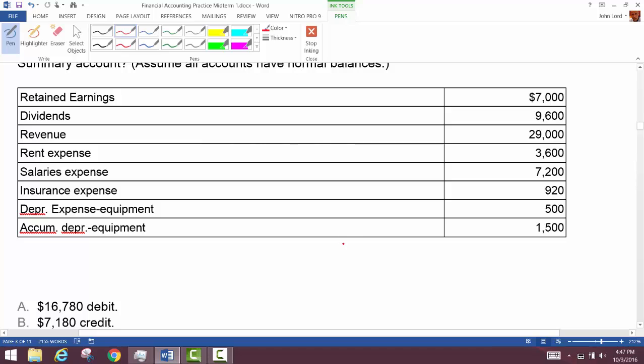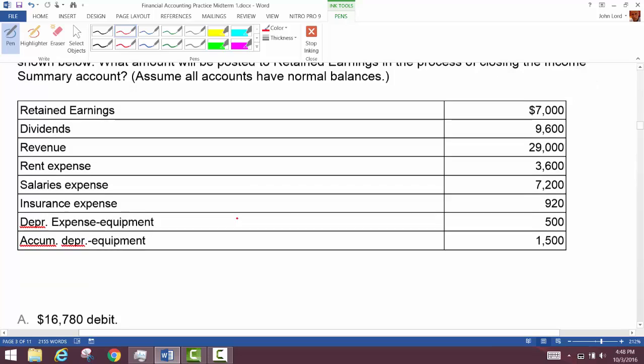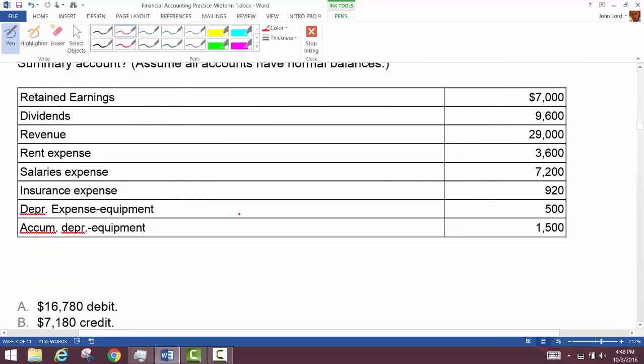So let's just look at this, though. What they want us to tell them is what will be posted to retained earnings in the process of closing. And so what are we going to do? We're going to have our revenues. How much are our revenues? 29,000. And then we're going to take our expenses.